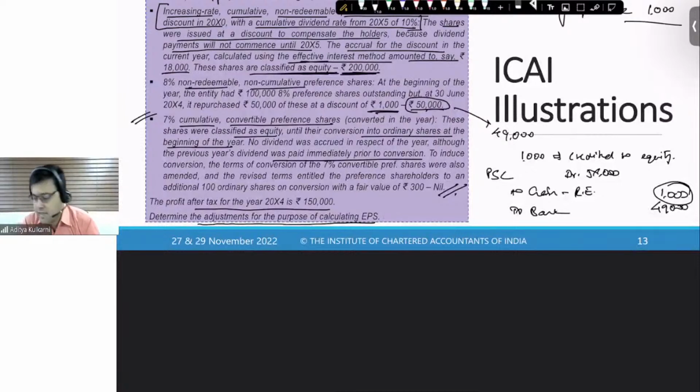Conversion into equity shares, no impact. Okay, Saksham. All right, fine.